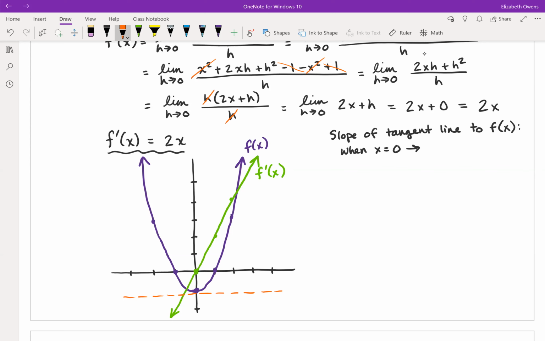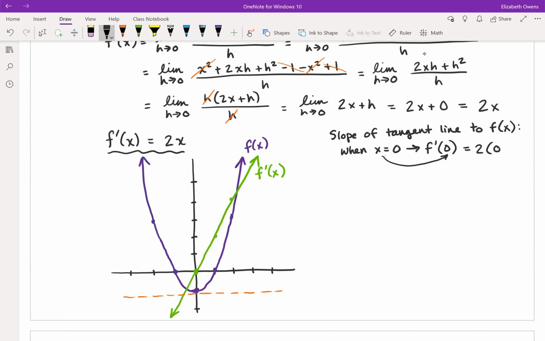Okay, which, I mean, my drawing skills notwithstanding, that is a horizontal line. So the slope of that tangent line really should be 0. So let's see here. When x equals 0, that point right there, f prime of 0, f prime of x, we're plugging in x equals 0 into the derivative.